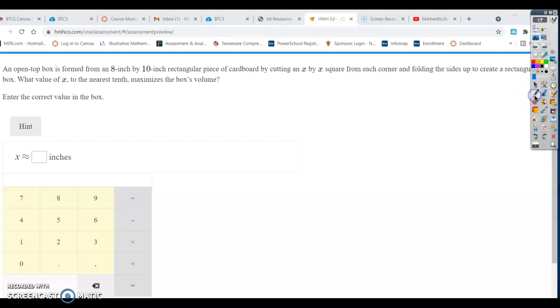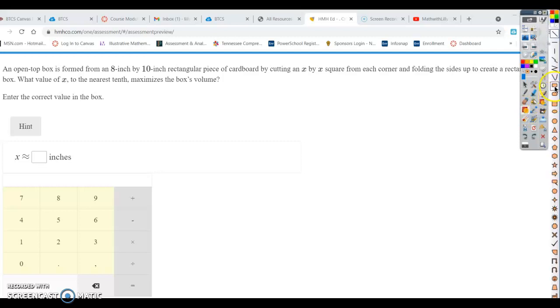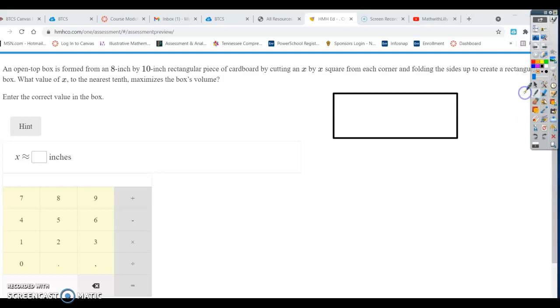All right, so if we look at this, and I can't draw, so let's see if I can get a rectangle here, at least to get started. Okay, so we have a rectangular box, and we're going to say that we cut an x by x square out of each corner.